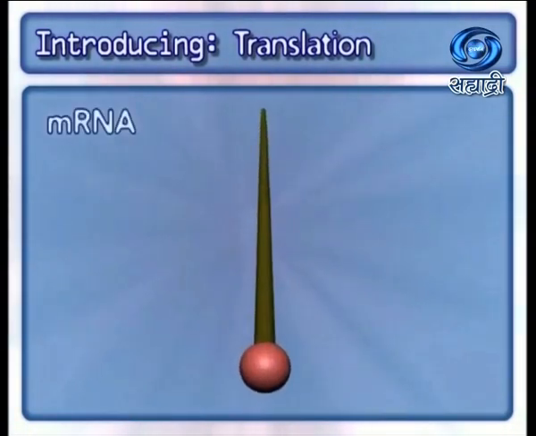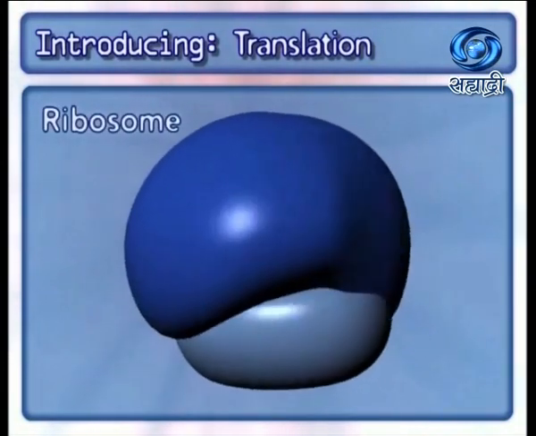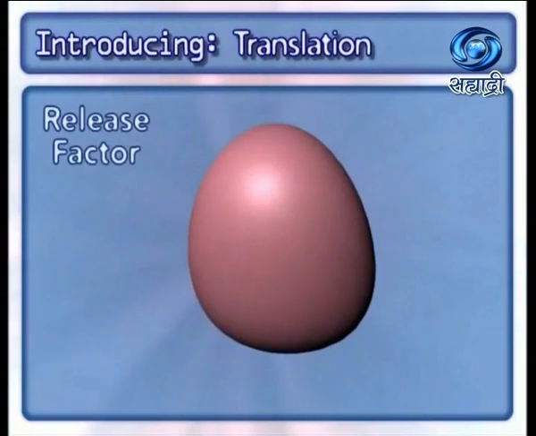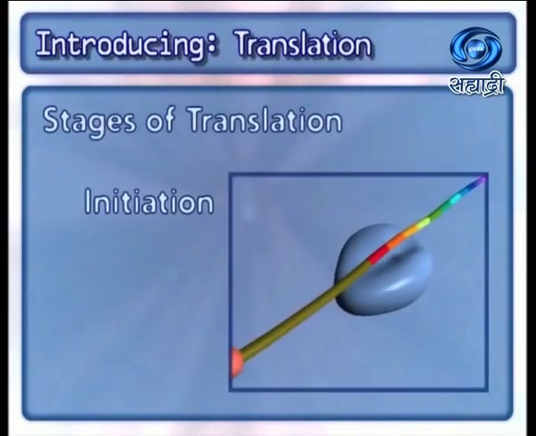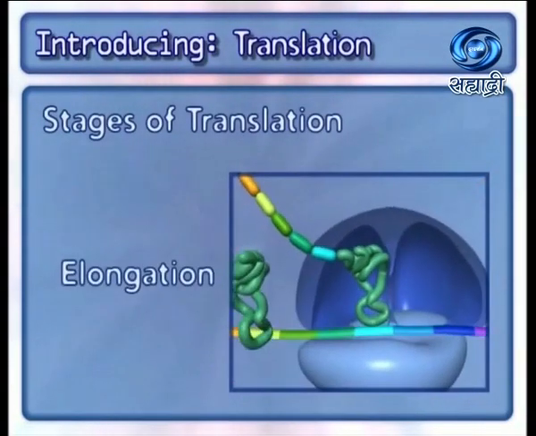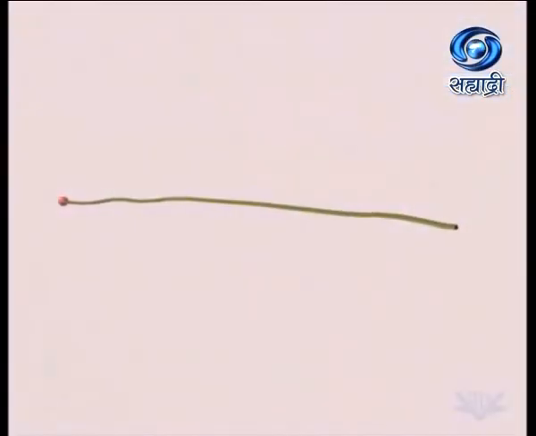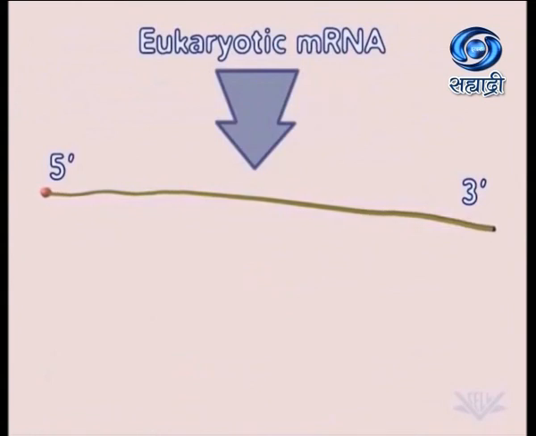It requires mRNA, ribosome, larger subunit, smaller subunit, tRNA, releasing factor. The stages of translation are initiation, elongation, termination. Now see the actual translation mechanism.